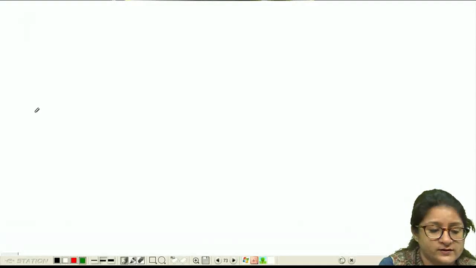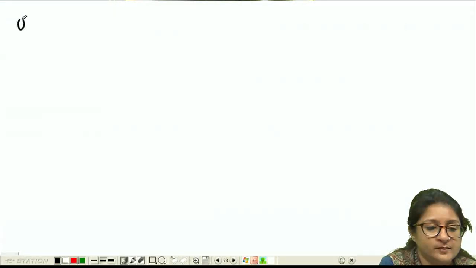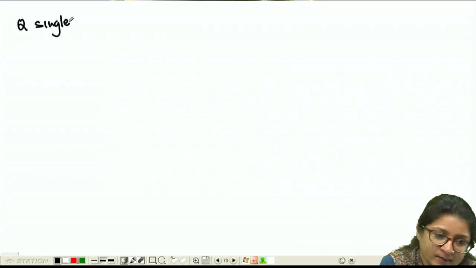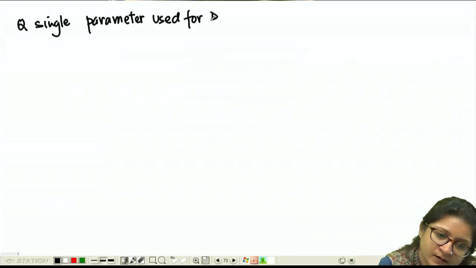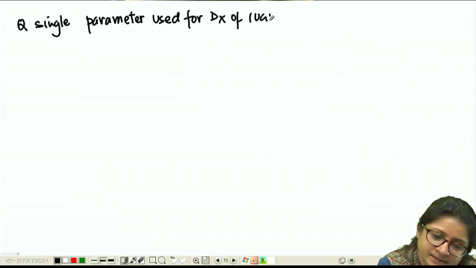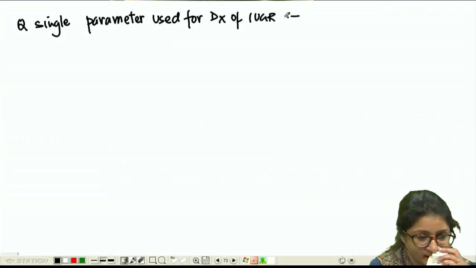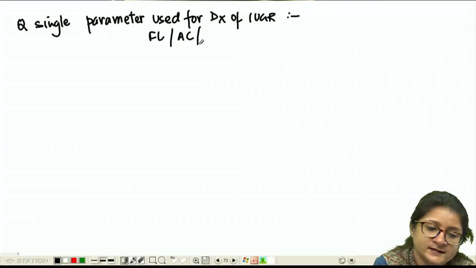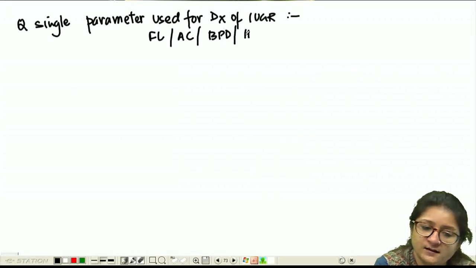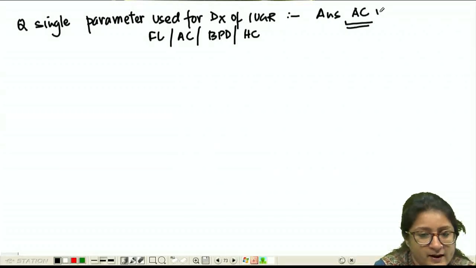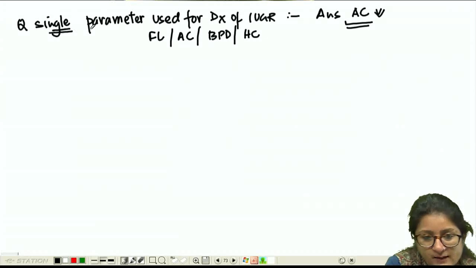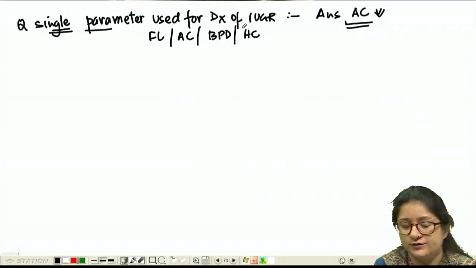Supposing they ask you which is the single parameter used for diagnosis of IUGR. Is it FL or AC, or BPD, or head circumference? The answer is abdominal circumference. So abdominal circumference is the single parameter used for diagnosis of IUGR.